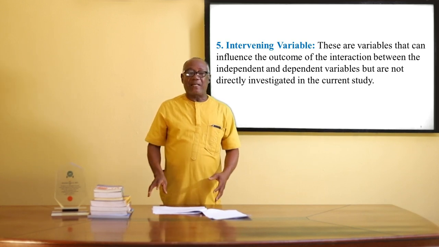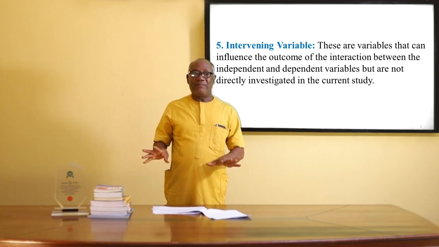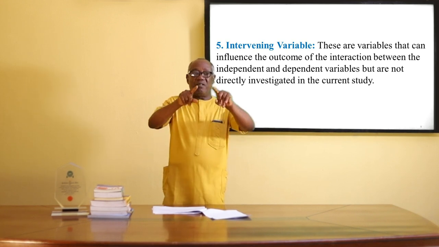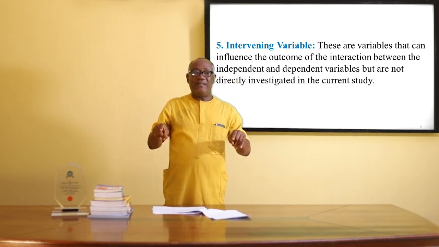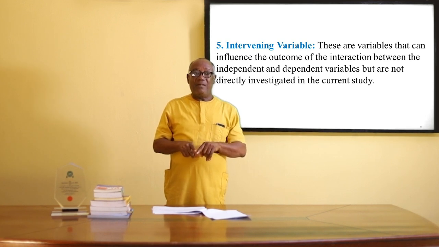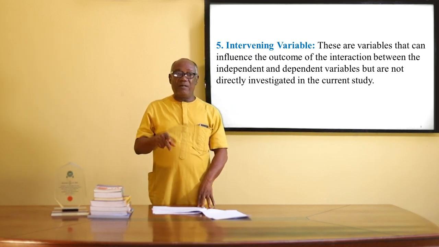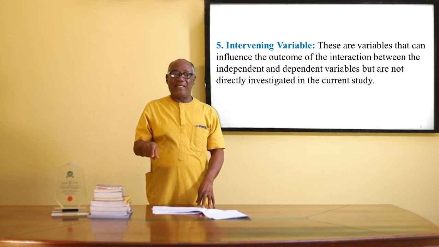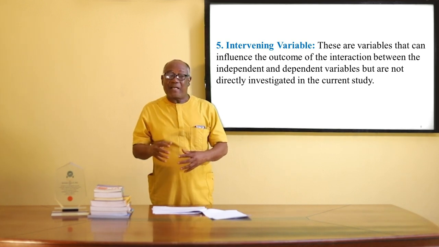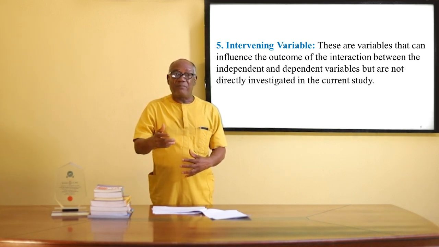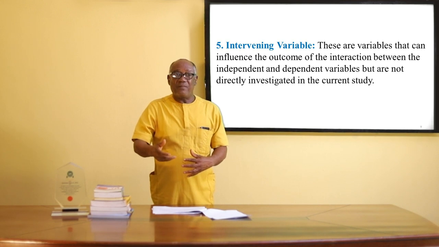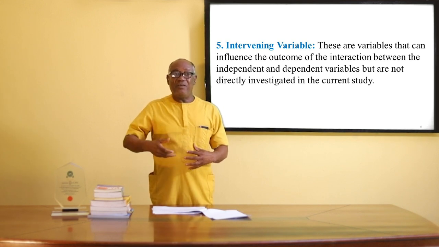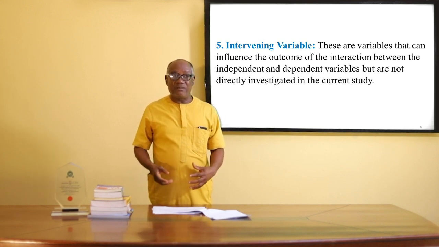Now, when you carry out a research design in which you represent your design diagrammatically, these intervening variables are shown in dotted lines, which means that it is capable of affecting this relationship, but you are not studying them in your present investigation.